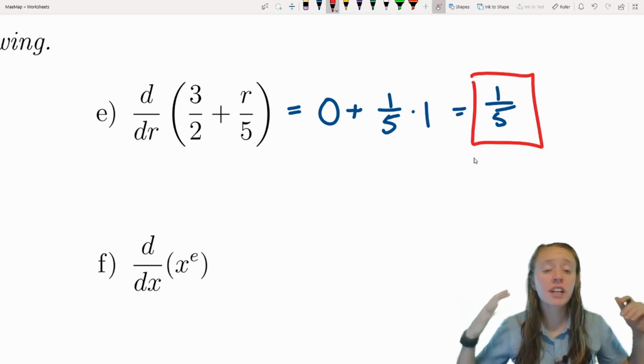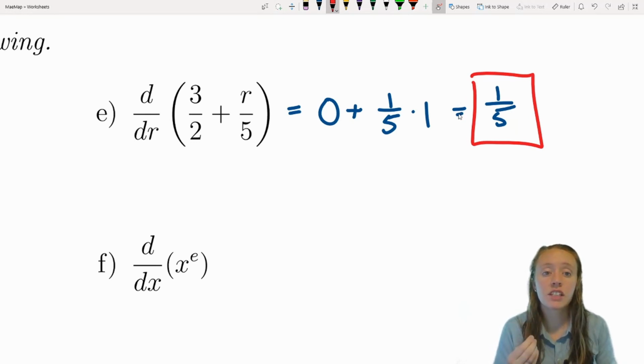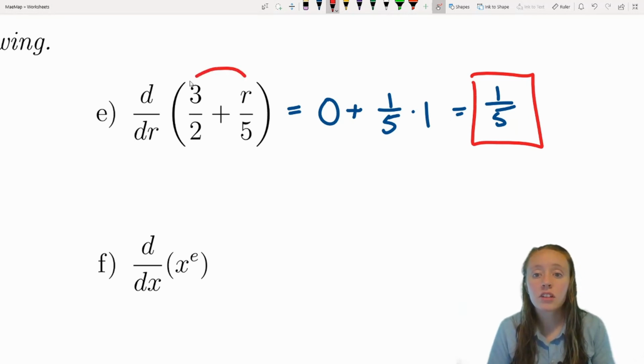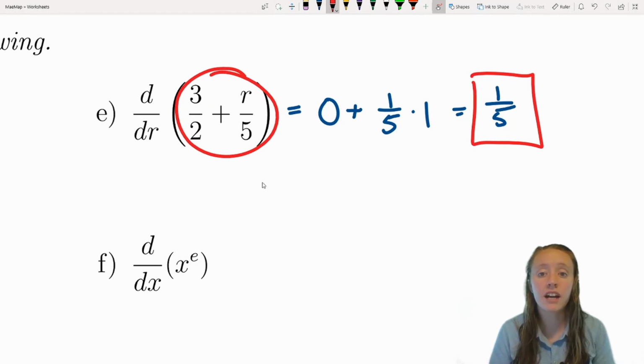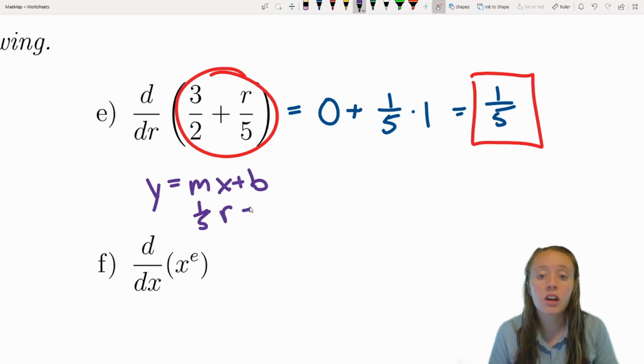And quickly, just to try to tie everything together to give you different ways to think about this, when we get our derivative to be just a constant, that means the slope is always the same. And what kind of function is 3/2 plus r over 5? That is y equals mx plus b, or in our case, mr plus b, where our slope is 1/5, our variable is r, and our y-intercept is 3/2.